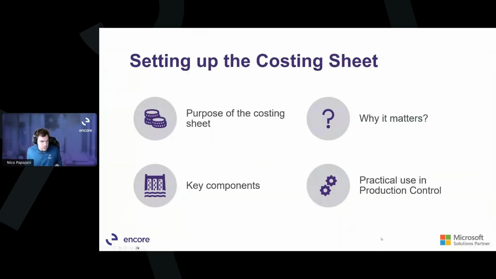So we've talked about key components and covered practical use in production control. That's where you would dive into those costing sheets to configure them based on what your specific production environment looks like. But like we've talked about before, it's really important to remember that most production and manufacturing companies will still have material costs, manufacturing costs, and indirect costs.